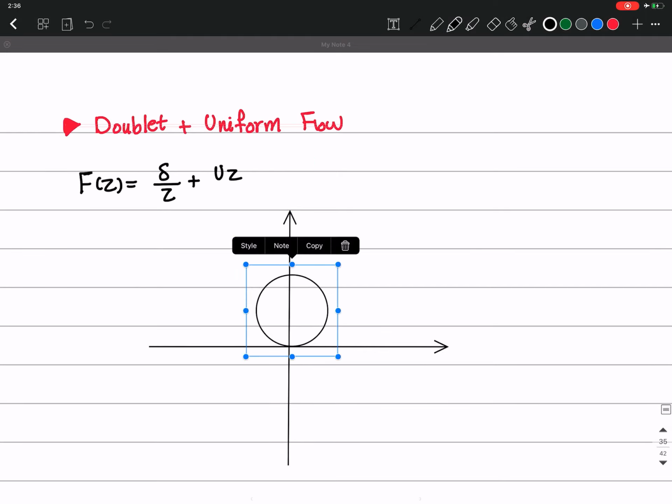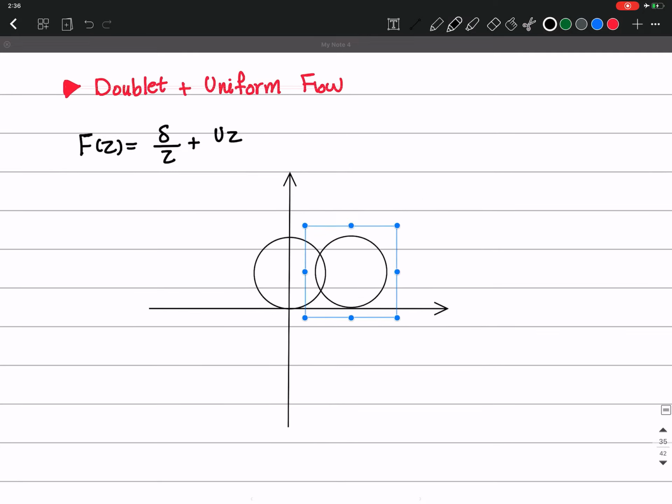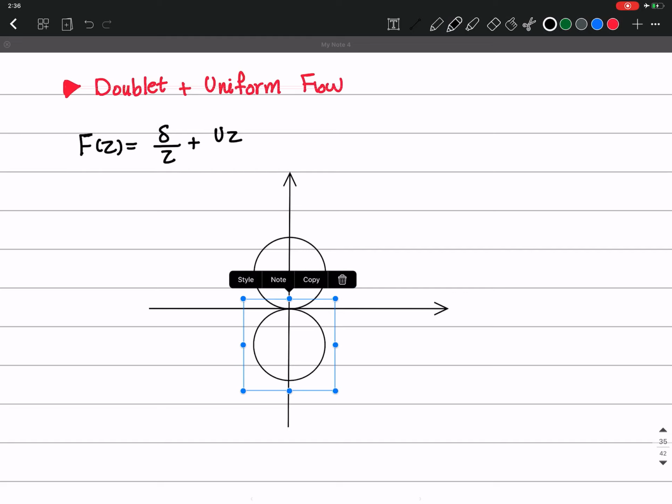So for the doublet, we have the streamlines, as we talked about last time, are just going to be some circles that are located, their centers are at x equals 0 and different y's, okay?